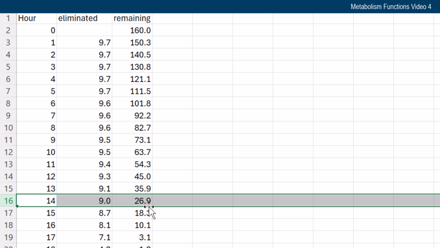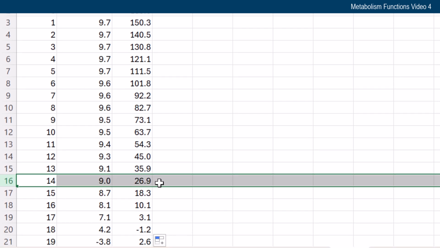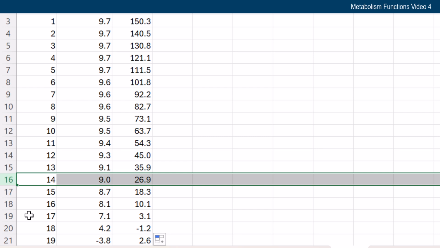Okay, so if you look at this, it means that a person who consumed 160 grams, which is about 11 drinks or 11 shots, it will take them 14 hours before they are legally able to drive. And it would take a full 18 hours before that alcohol is completely eliminated from their system.